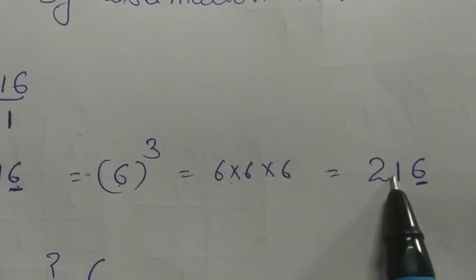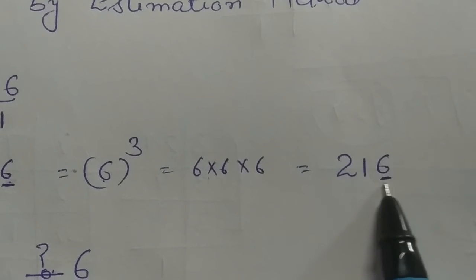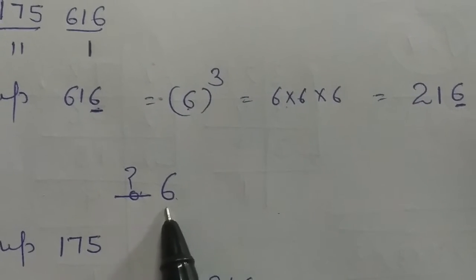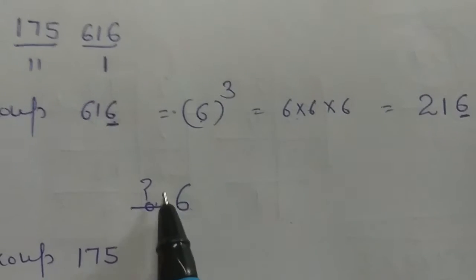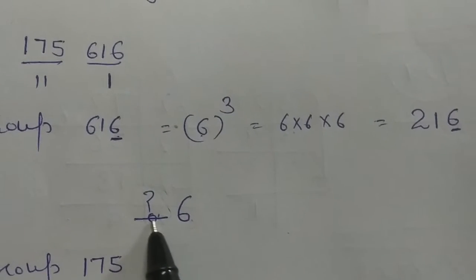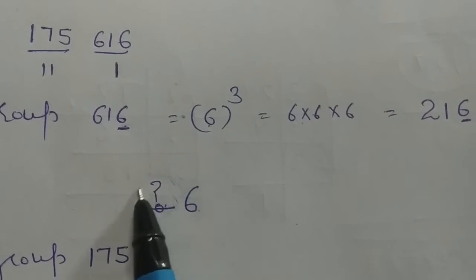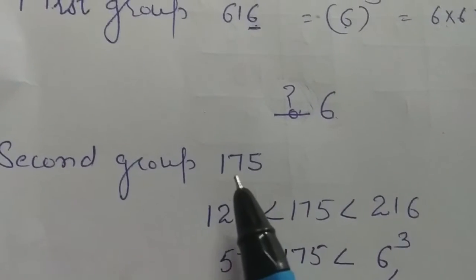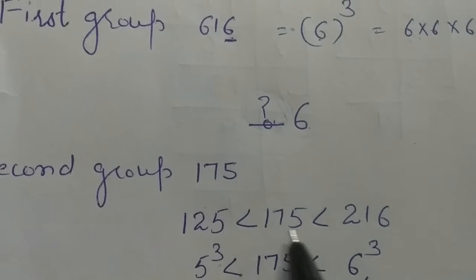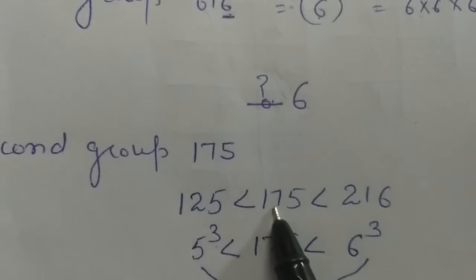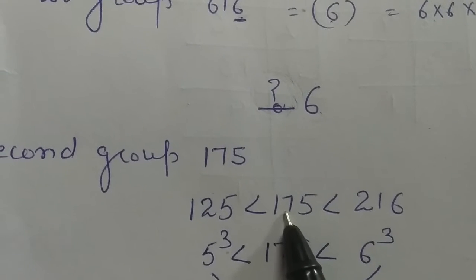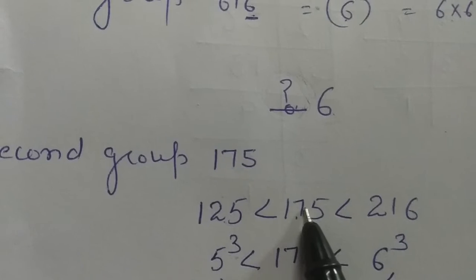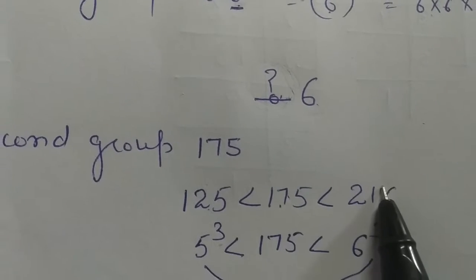Then in the answer you will write this unit place number as the unit place number in the answer. But we don't know the other number in the answer. To find this number, let's take group number 2. In group number 2, you will write 175 and take the cubes of numbers, one less than 175 and the other greater than.